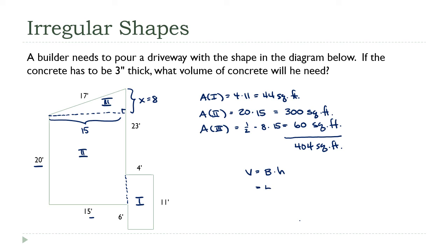The area of the base is 404 square feet, and here's where I got to do my little conversion. Times 3 inches divided by 12. That turns that into feet, and we get 101 cubic feet. And that's my volume. Right? That's the volume of my shape here.